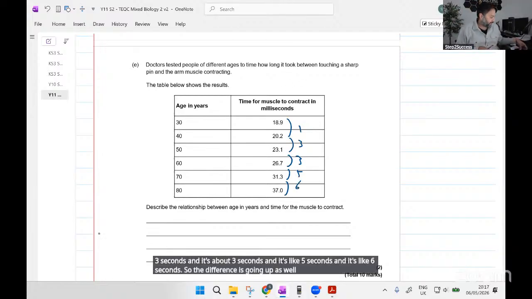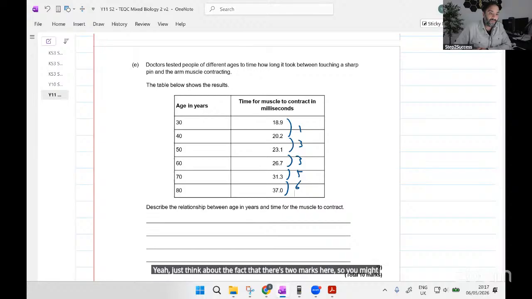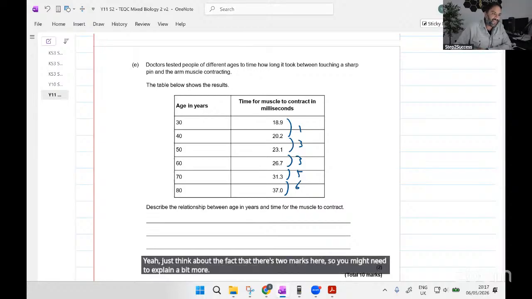So when there's a 2 mark question on this kind of stuff, just think about the fact that there's 2 marks here, so you might need to explain a bit more. Proportionally, I don't think you can.